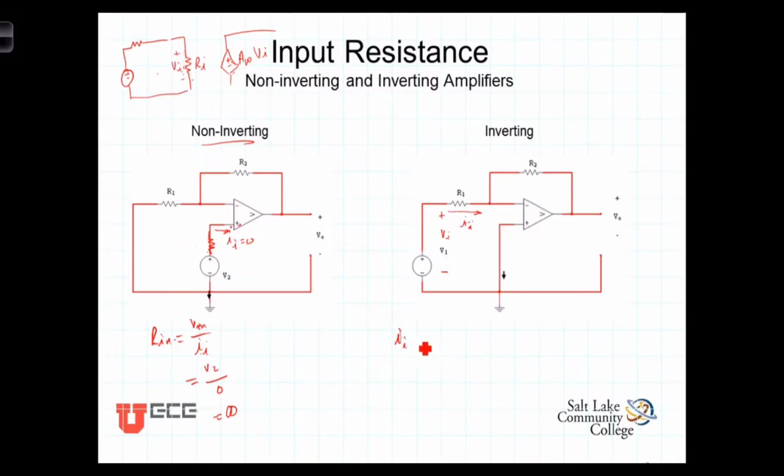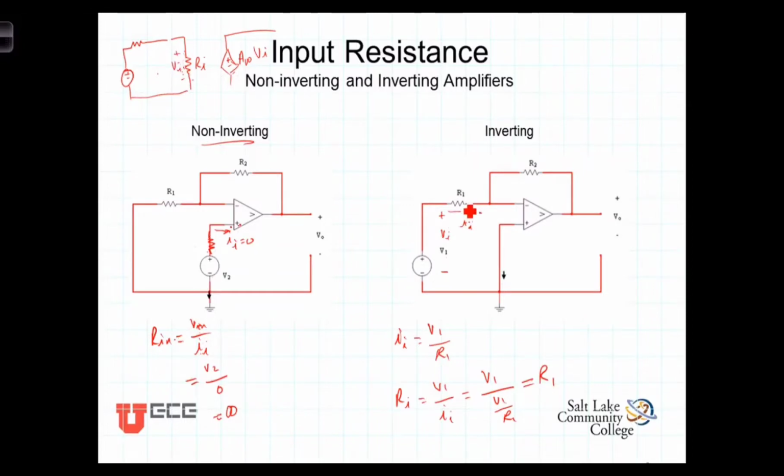Rather, In is equal to Vin, or V1, divided by R1. So Rin is equal to the input voltage, V1, divided by In, which is V1 divided by R1. Dividing by a fraction, you invert and multiply, the V1s cancel, and we see that the input resistance is simply R1, whatever the value of that resistor is.